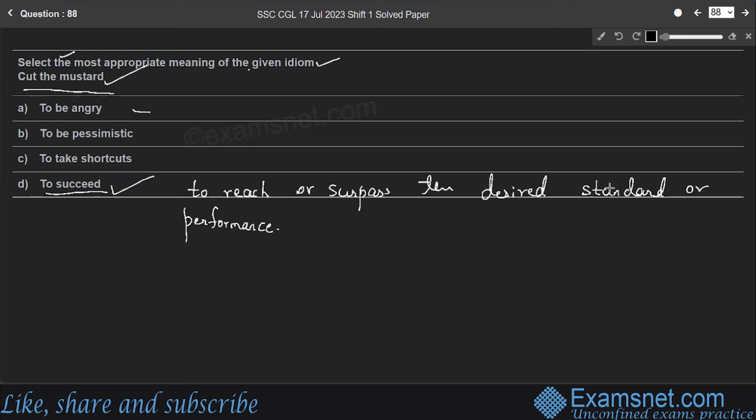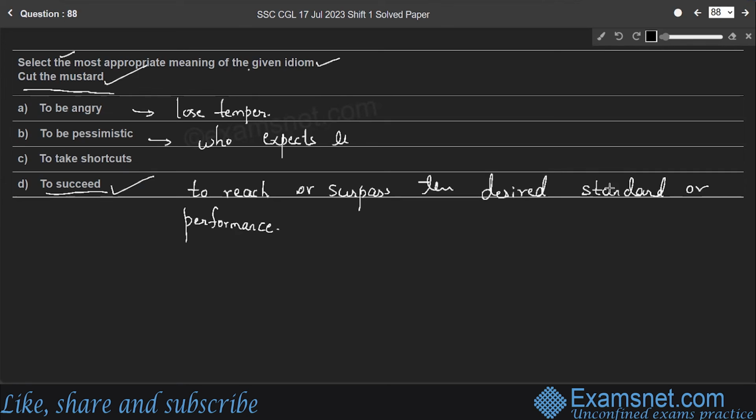Whereas the remaining options: to be angry means to be furious or lose temper, right? Whereas to be pessimistic means someone who expects the worst.